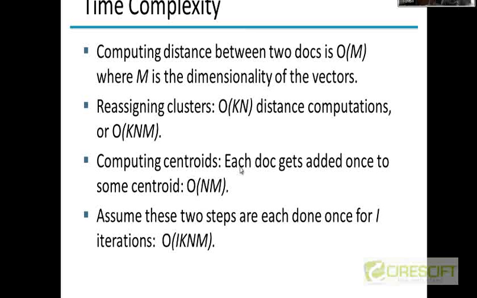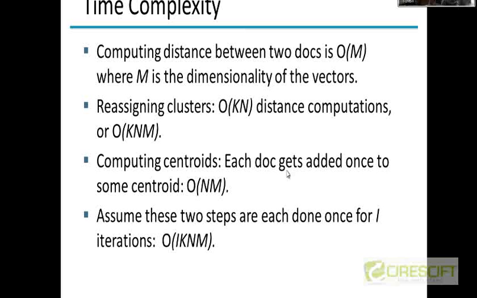And then computing the centroids, how much time will it take to compute each of the centroids once the colors have changed? Well, each document will be considered exactly once in the computation of some centroid. And the way it will be considered is it will be added to the other terms for that centroid.